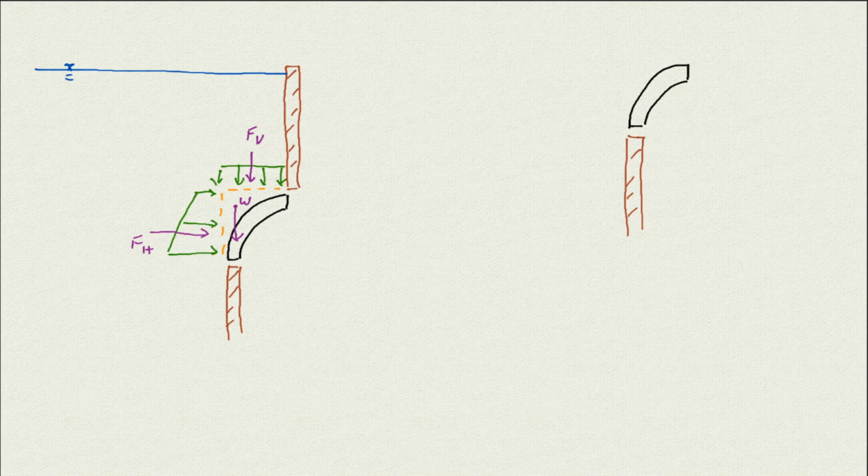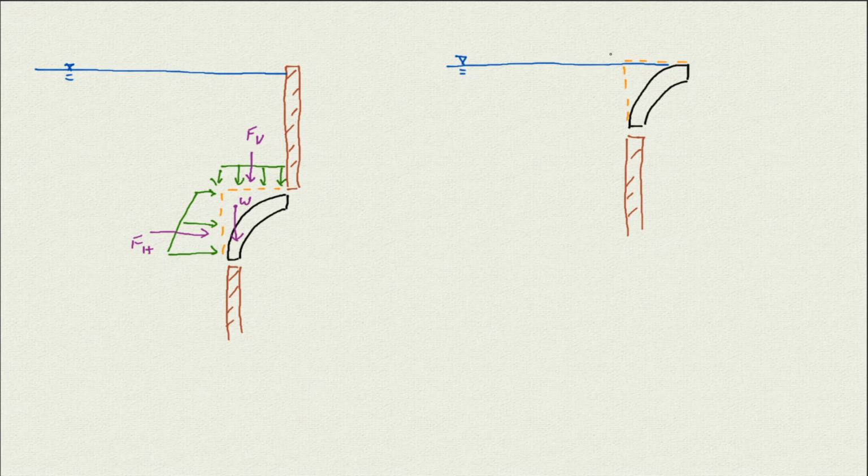So the gate is at the water surface. The difference with the previous one is that, again, we draw the horizontal line, draw the vertical line, and then we start to put the pressure.